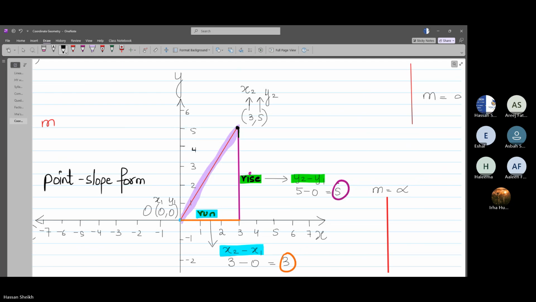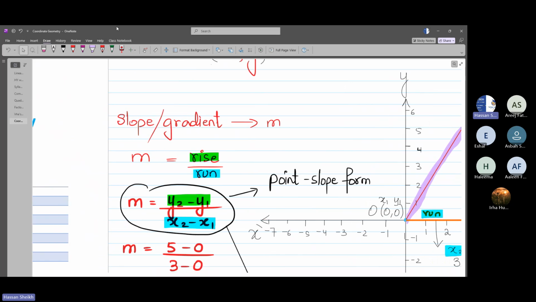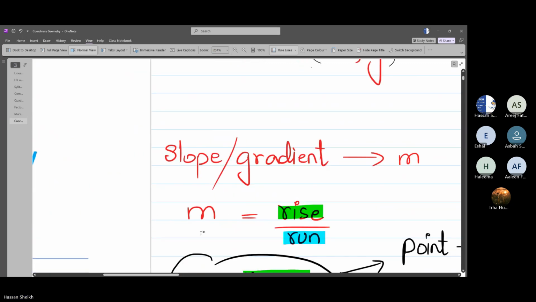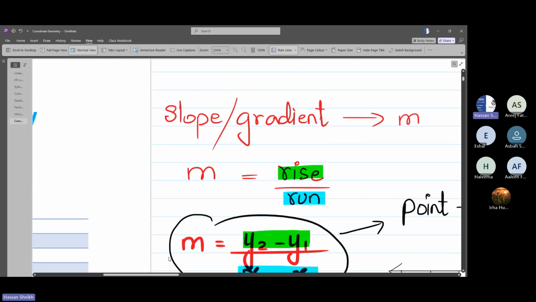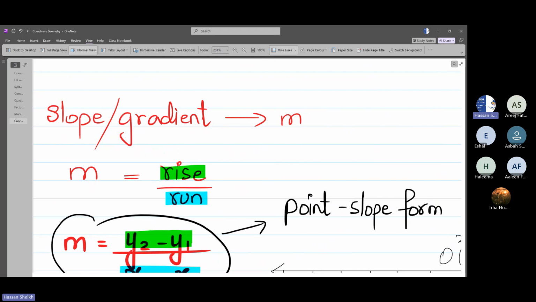Now, a few more things to recall here. In your lower grades, like in 5th grade or 6th grade or maybe 7th grade, you have gone through this formula which says that slope or gradient is equal to rise over run. Do you remember that?